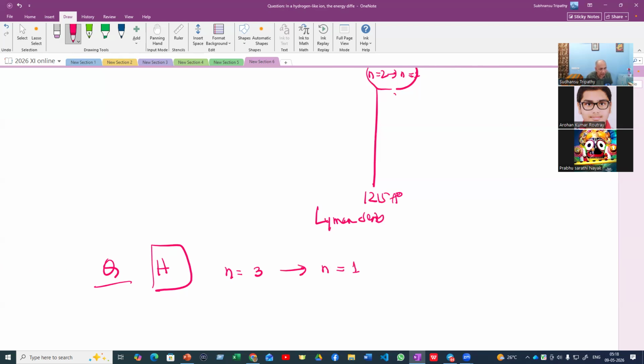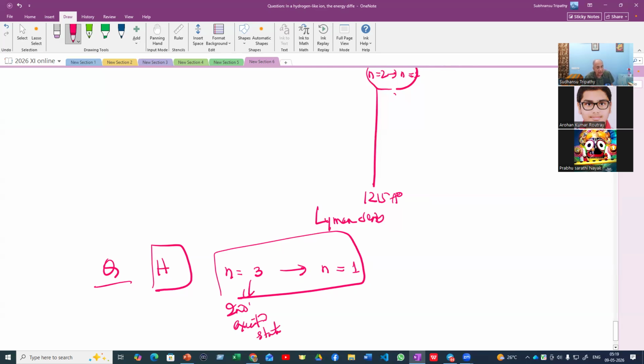That means it is already in the second excited state. n is equal to 3 means it is in the second excited state. Somebody has already elevated it by giving a bigger rasagulla, so the electron has jumped from the K cell, the ground state, to the third cell, the second excited state. And now the rasagulla it is carrying inside its tummy, undigested, will be vomited out.